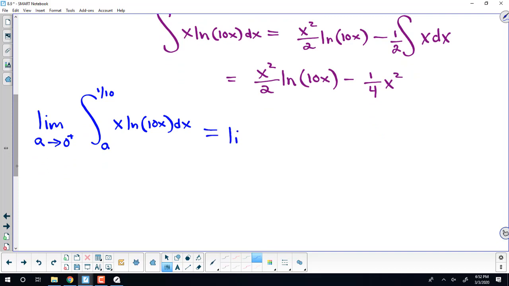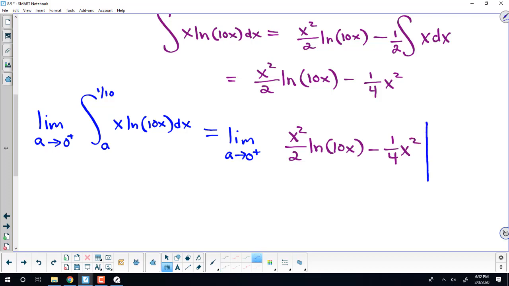It's going to be the limit as a approaches 0 from the right of x squared over 2 ln of 10x minus 1 over 4x squared. All right, any questions on where we're at, what we've done?